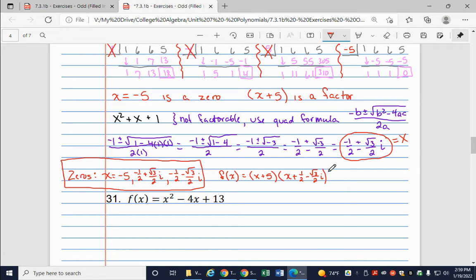And then I still have my third zero, which is going to be x minus a negative 1/2. So minus negative 1/2. And then minus a negative all of this fraction. So minus a negative means plus square root of 3 over 2i. This is the completely factored form. Those are my zeros. That's the completely factored form.